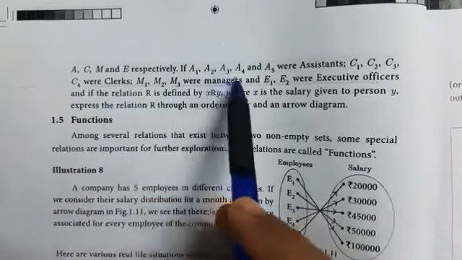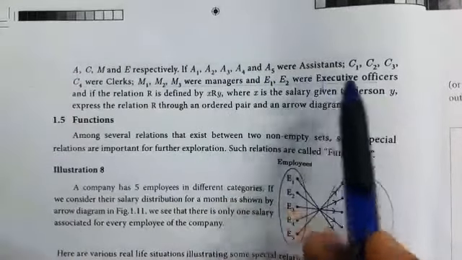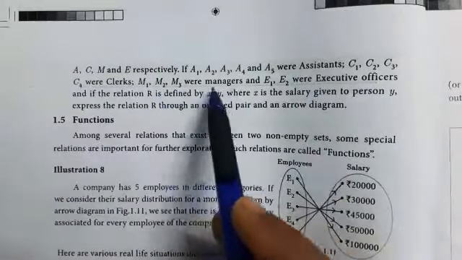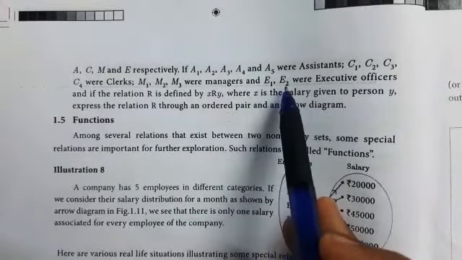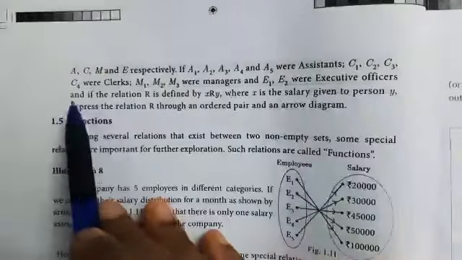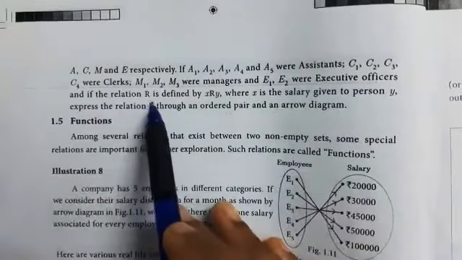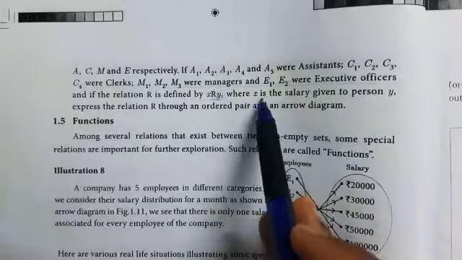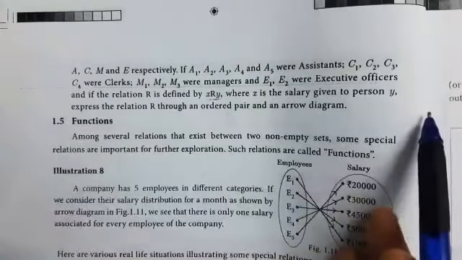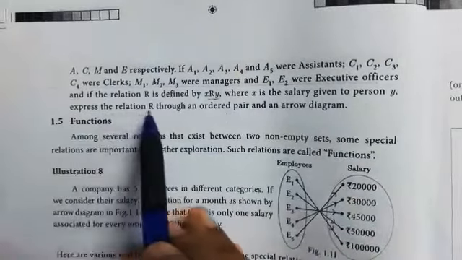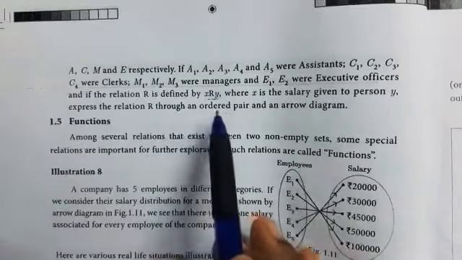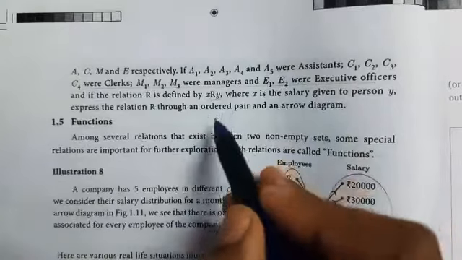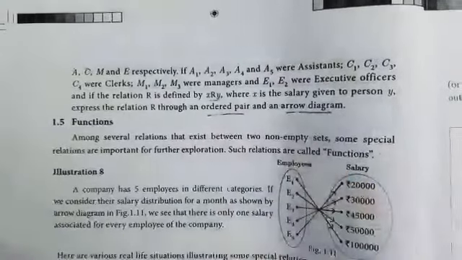If A1, A2, A3, A4 and A5 were assistants, C1, C2, C3 and C4 were clerks, M1, M2, M3 were managers and E1 and E2 were executive officers. And if the relation capital R is defined by x capital R y, where small x is the salary given to person y. Express the relation capital R through an ordered pair and an arrow diagram. You must find the ordered pair and an arrow diagram.